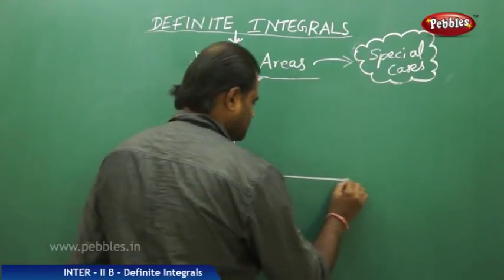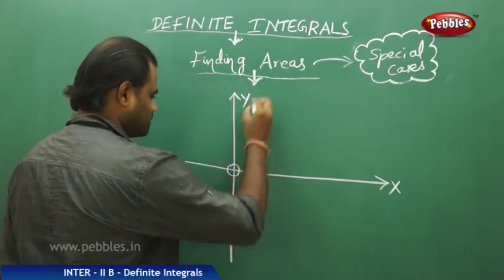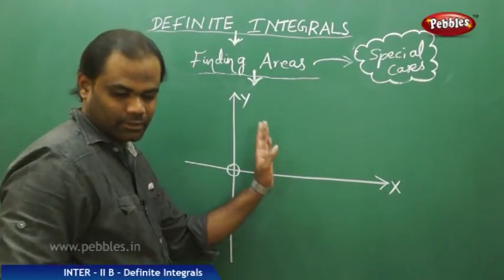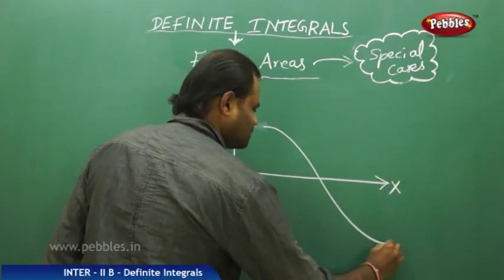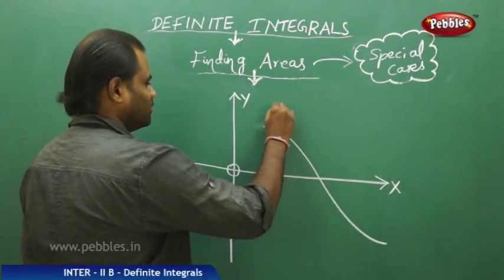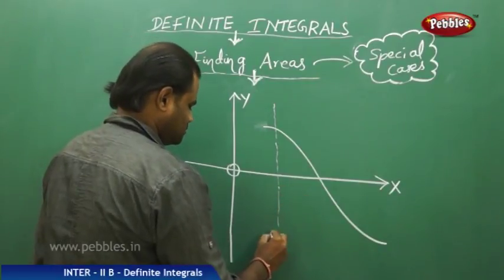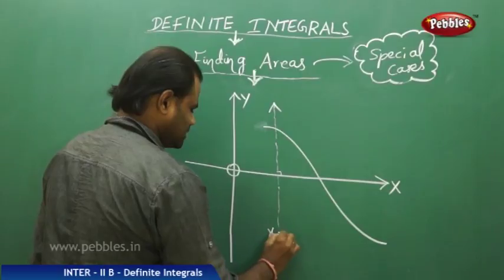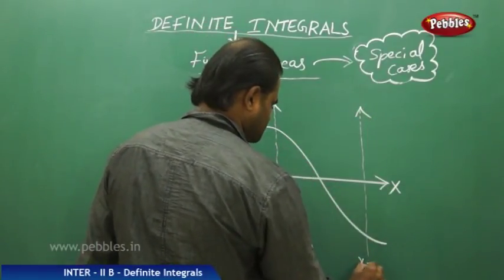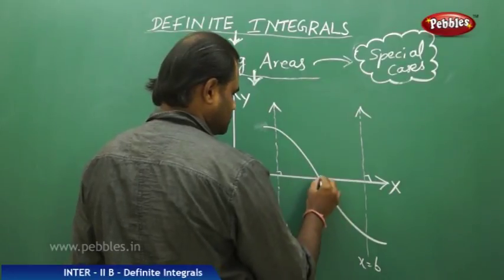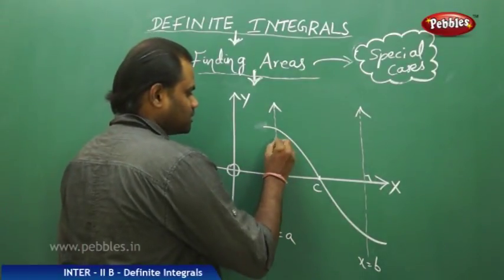Suppose I have my x-axis and my y-axis, and I have this with, say, my graph here, which has x equal to a, x equal to b, and it has x-intercept as c. Now I want to find the area of this complete shaded region.